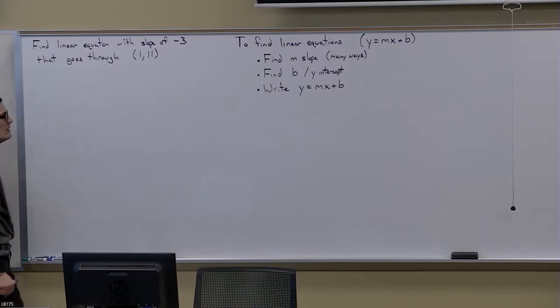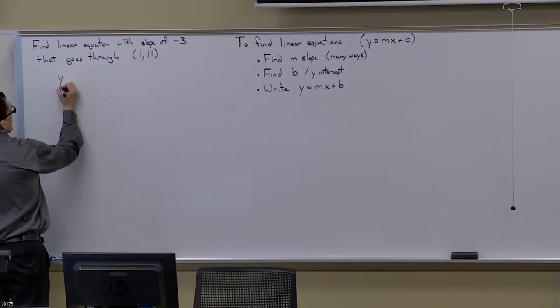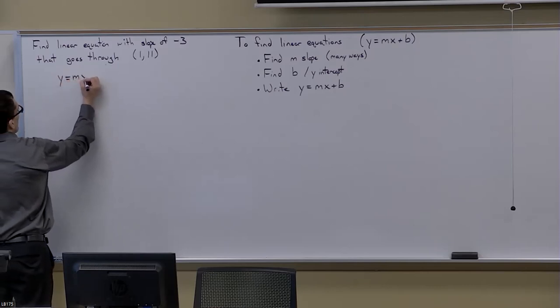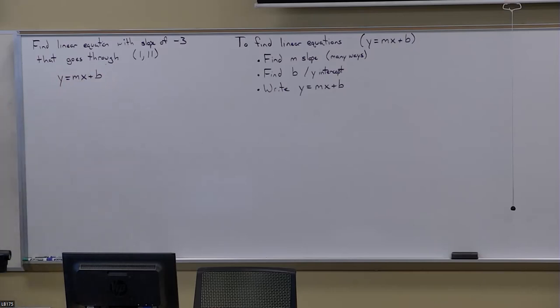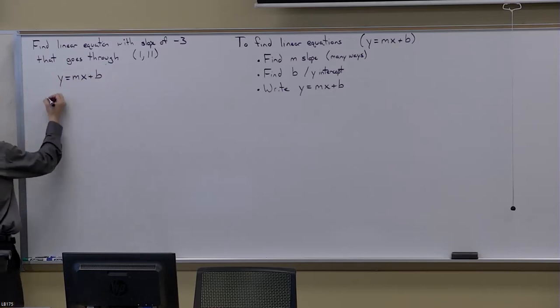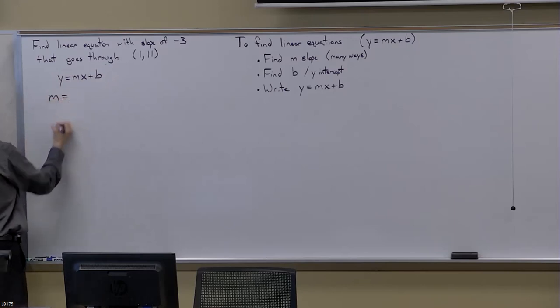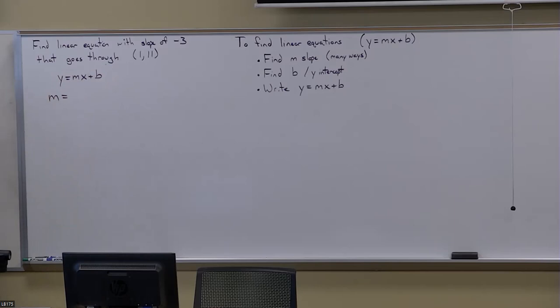So what I like to do is start out and just rewrite y equals mx plus b, so that I can remind myself I need to find the m and I need to find the b. And I almost always find the m first. Now this one's pretty straightforward because I know that m stands for slope.